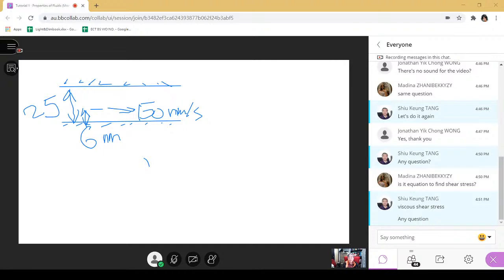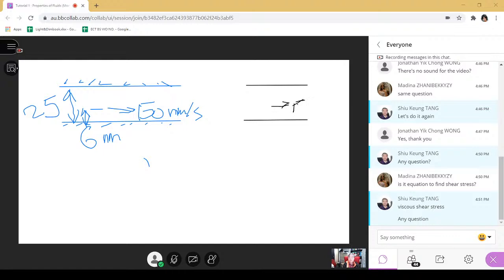So now we draw the velocity profile. Velocity profile is simple. Now the velocity at the location of the object is that.